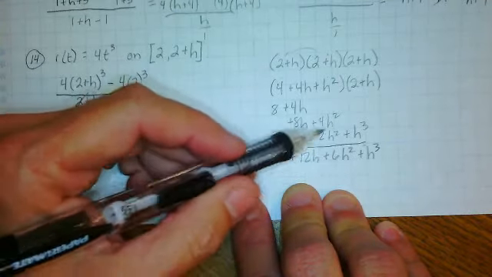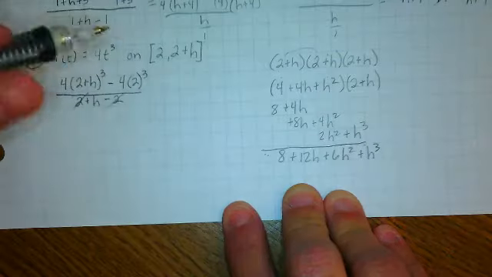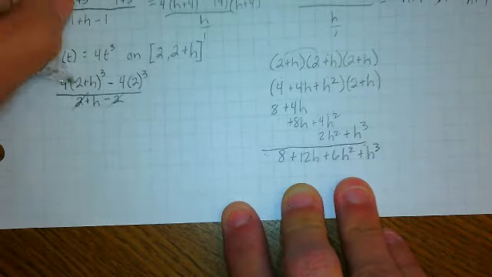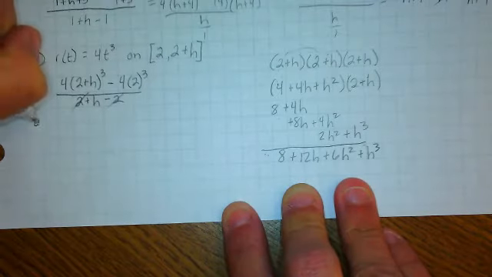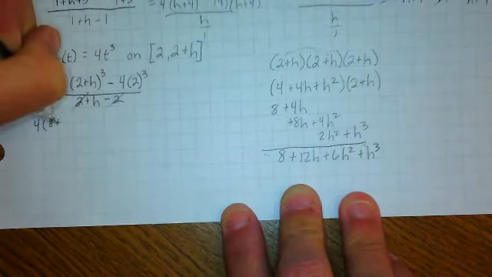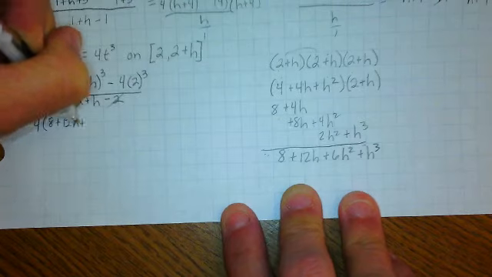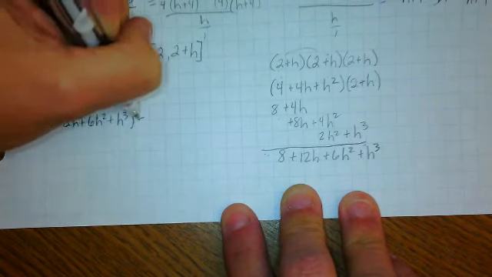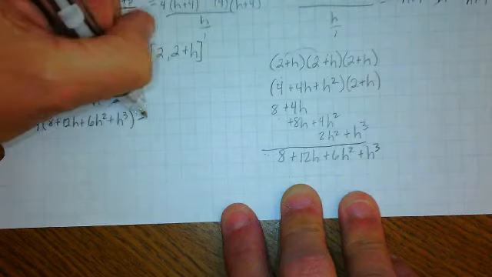So there we go. When I take 2 plus h times itself 3 times, that's what I get. Often people just say 8 plus h cubed. But don't forget about all the middle components that are coming together to make that middle part. So, we've got 4 times this.